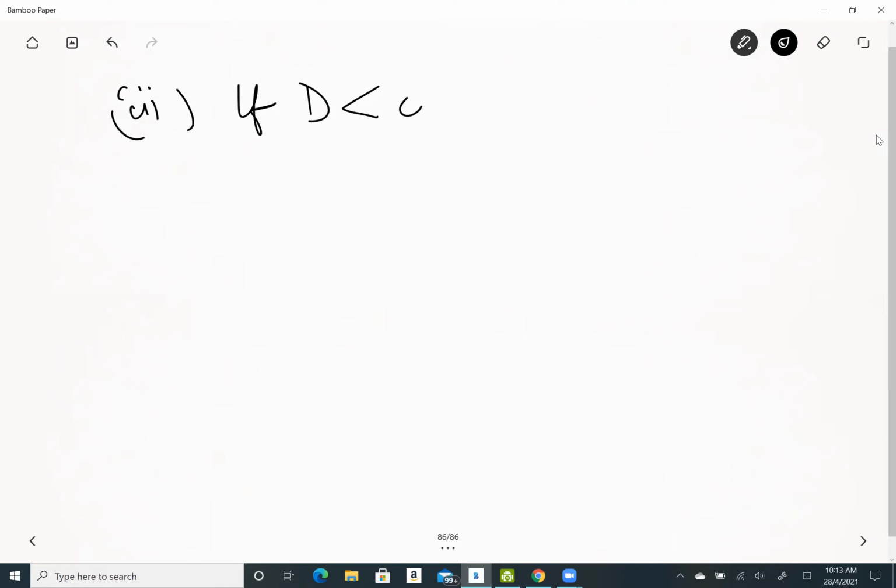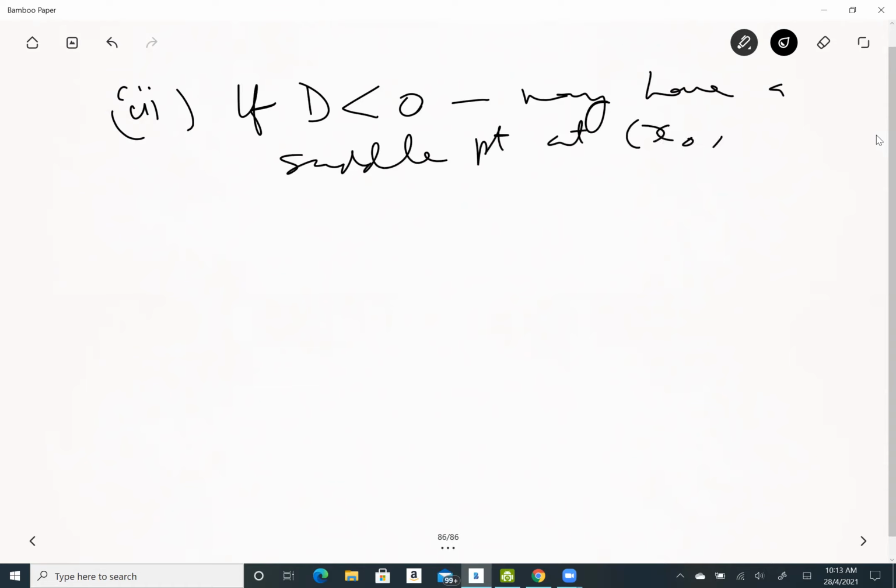You may have a saddle point here. So if D is negative, you may have a saddle point at x0, y0. So this one, we stop here, right? We don't proceed with anything else.